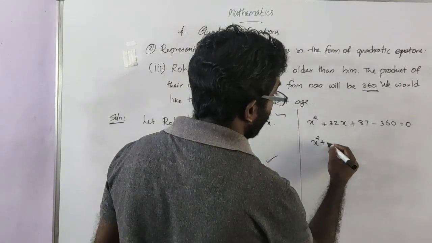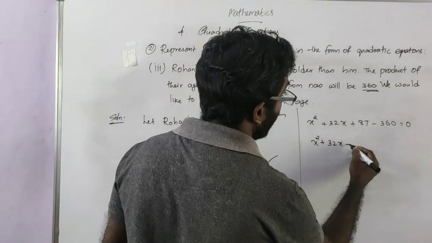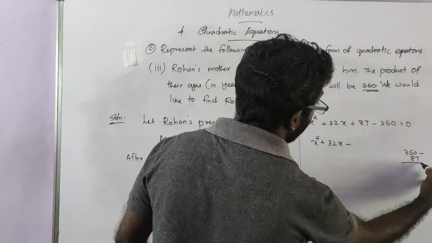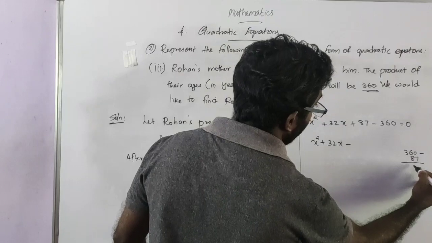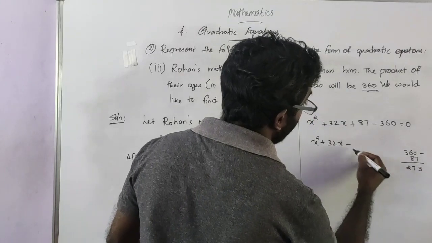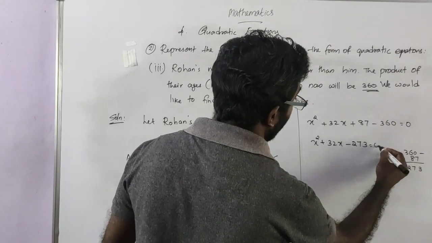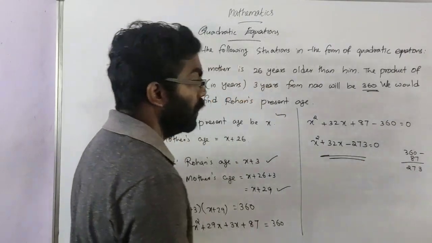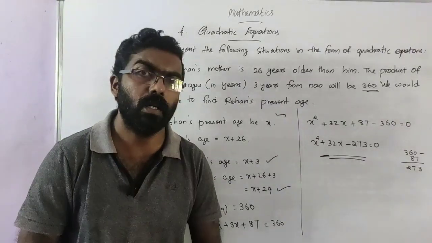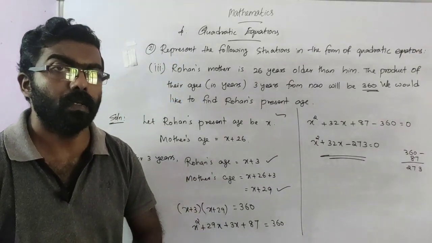That is x square plus 32x minus 360 minus 87. 360 minus 87 is 273, that will be equal to 0. So the required quadratic equation is x square plus 32x minus 273 is equal to 0.